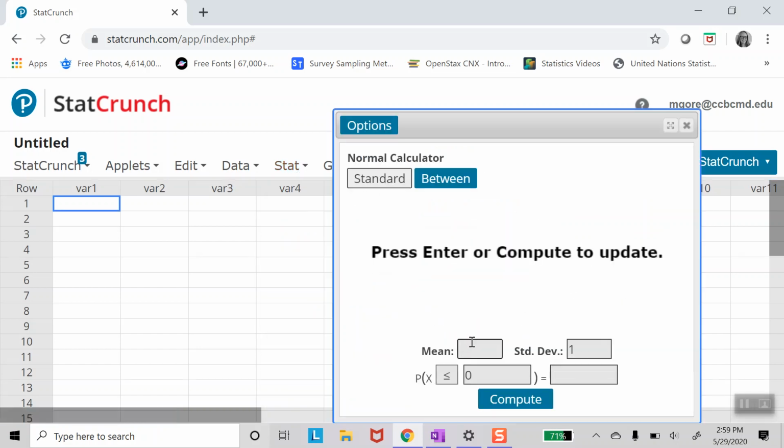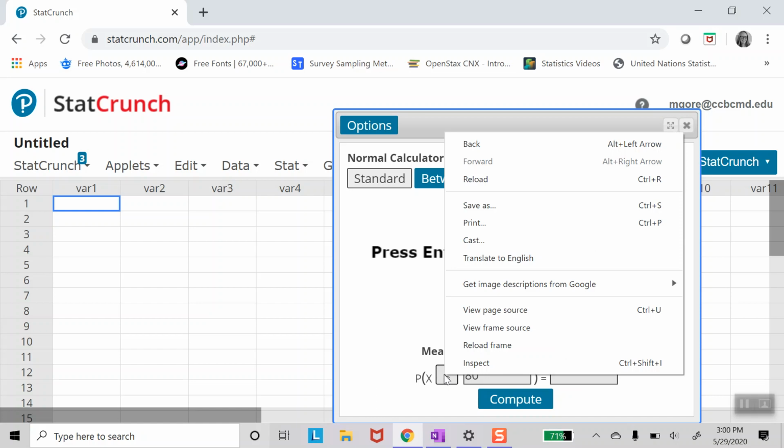And what StatCrunch needs to know is what's your mean. So you give it the 74, the 11.3, that's standard deviation, abbreviated there. And here is where, notice X is inside this parentheses, you're going to put in your value 80. That's where you stopped along the axis, drew a vertical line, and initiated some shading.